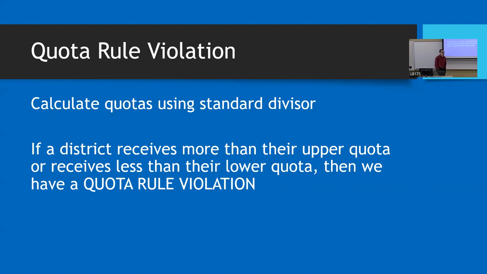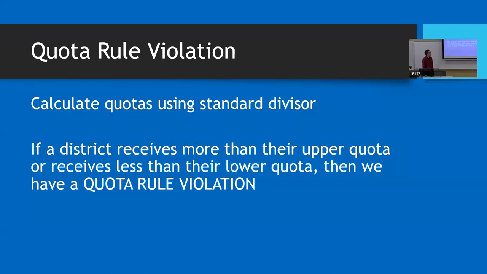And it turns out, because we didn't use the standard divisor, we do get these quota rule violations with Jefferson's method. Right? So Jefferson's method can produce quota rule violations.